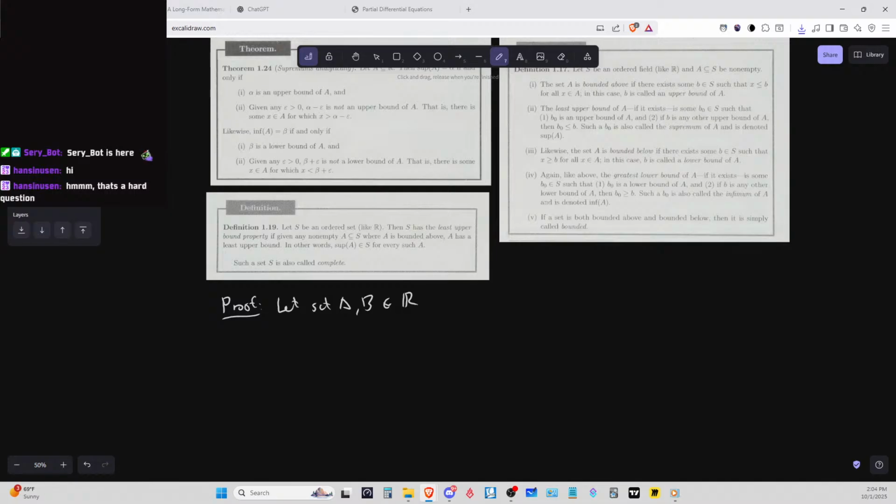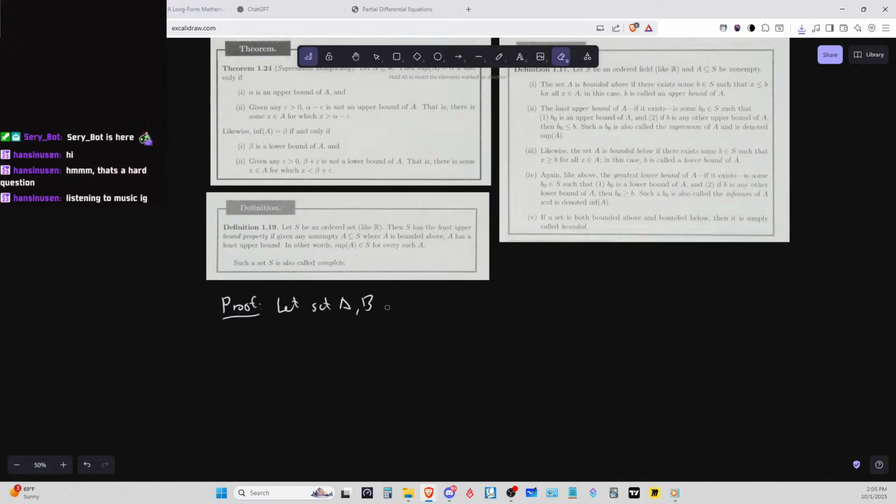I think maybe an element, because sets can also be elements within sets. So it's an element of R. Well, actually, it's supposed to be an ordered field.